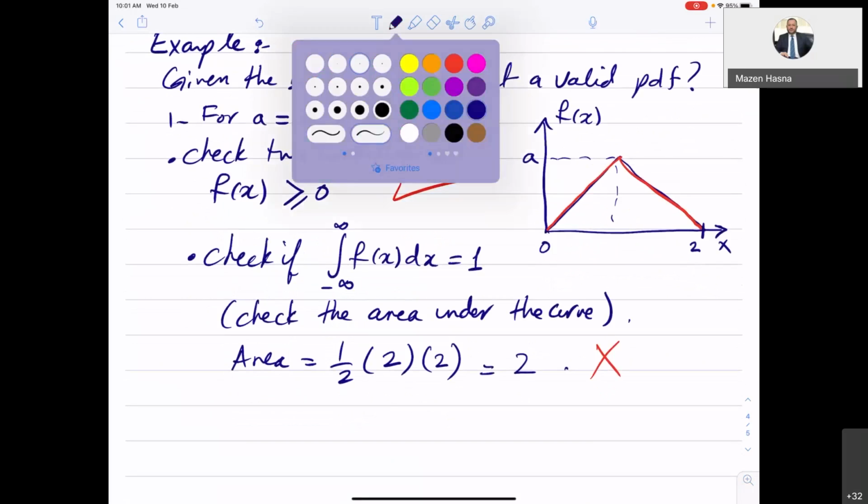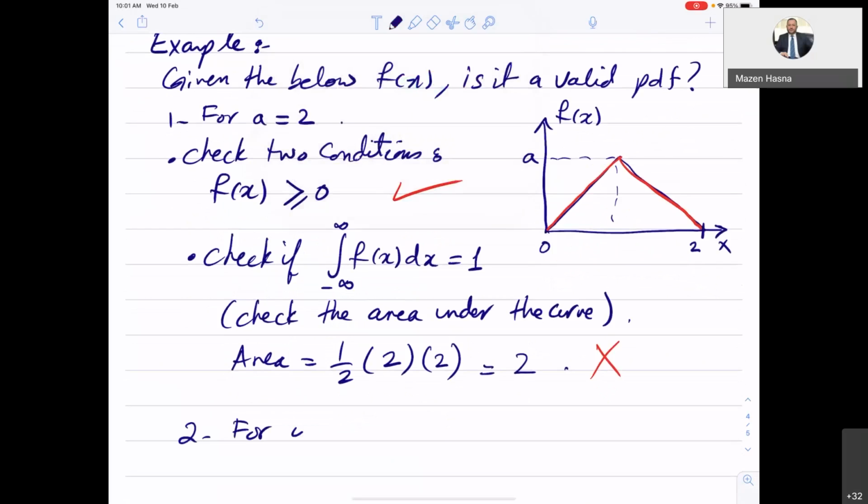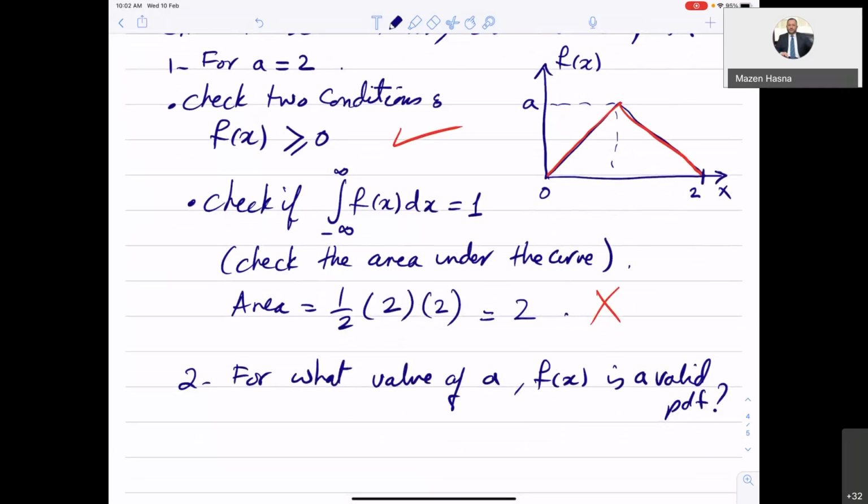So here I can ask for what value of a. I can also ask this: for what value of a is this a valid PDF? What should a be so that I have the area 1? The area is simply 1/2 times 2 times a, which is a.